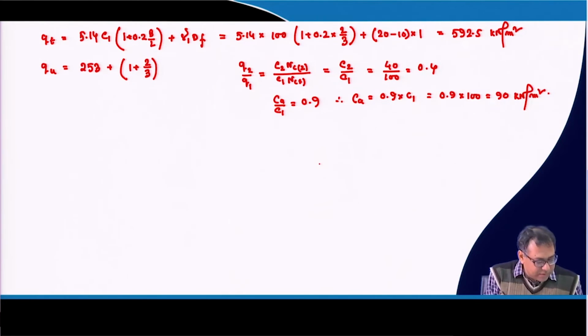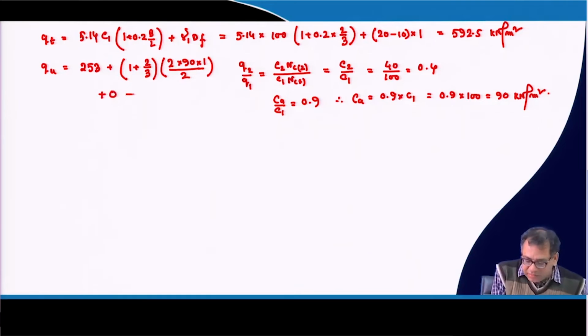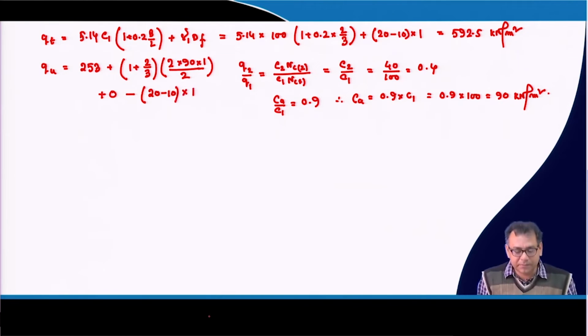So, this is 2 by 3 into 2 into 90, with df equal to 1 and b equal to 2 meter, then plus this whole term, which is 0, then minus gamma 1 into df or into h. This is the effective unit weight we have to consider, and h is equal to 1.